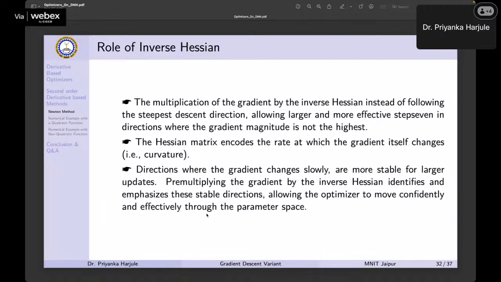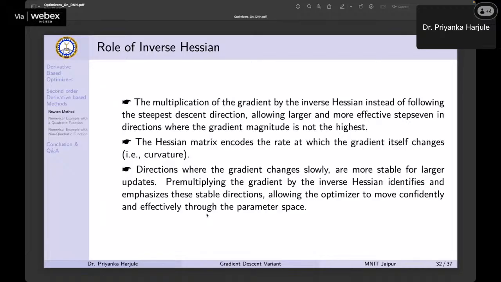So this is the role of the inverse Hessian, the multiplication of the gradient by the inverse Hessian. Instead of following the steepest descent direction, it allows larger and more effective steps even in directions where the gradient magnitude is not the highest.